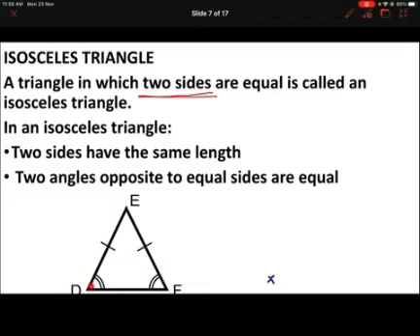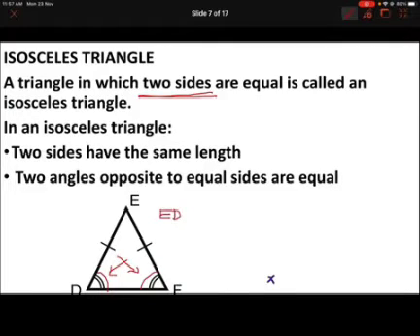These 2 sides, that is EF and ED, are equal. So the corresponding opposite angles, remember I told you if 2 sides are equal, 2 angles are equal. So angles opposite to equal sides are equal. That means angle D and angle F are equal to each other.